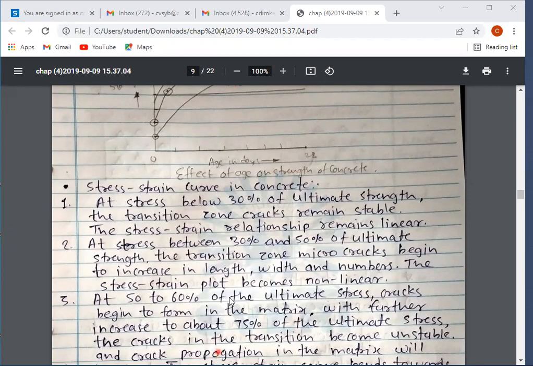But what is that yield load? Extension increases and the load decreases is called the breaking stress or stress at failure. I have asked you what is yield load. Okay.